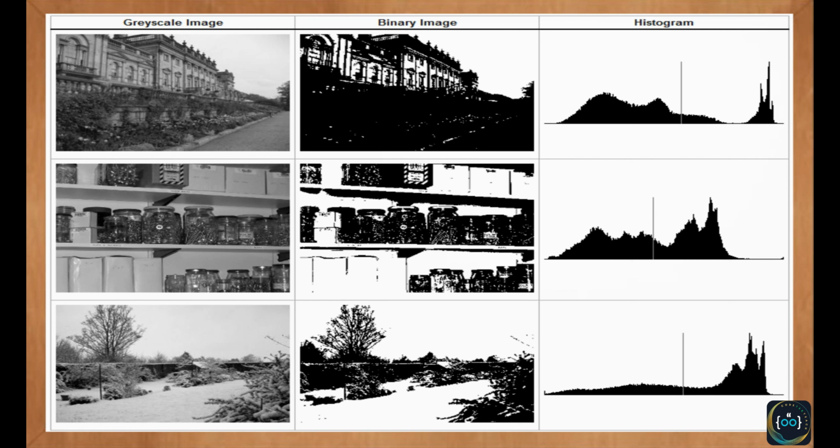Now, selecting the threshold manually is easy. You can pick any number and then you use it. But in digital image processing, the threshold has to be selected automatically based on the picture, because different pictures have different thresholds. You can't implement the same threshold for two pictures. So you have to be able to find the center of the colors where you can divide them into two equal parts.